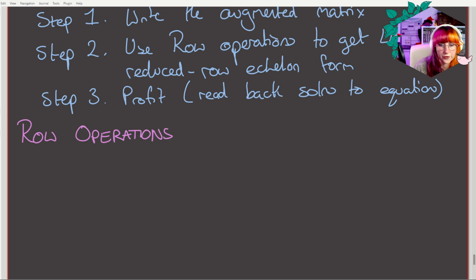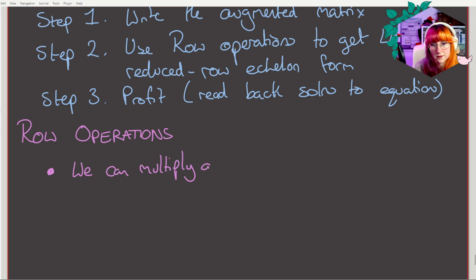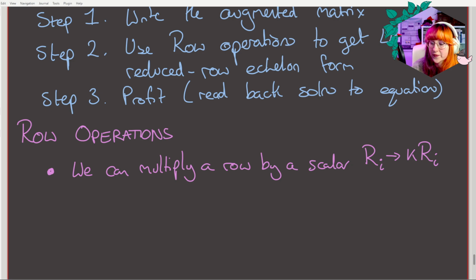of which there are 3. And actually, they're very similar to the things that I said that we could do to simultaneous equations before. So the first one is we can multiply a row by a scalar. And the way that we denote these is the row Ri goes to k Ri. So we replace the row with a scaled version of the row, and that's the same as multiplying through an entire equation by a constant.